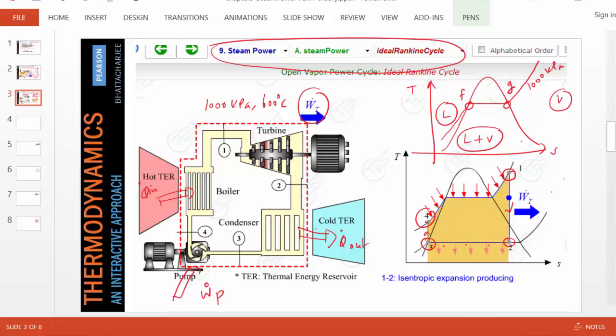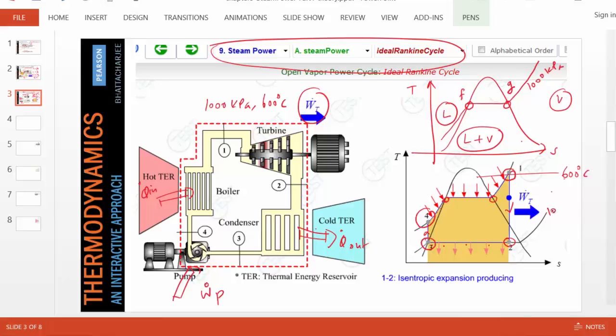Heat is added. Liquid water goes up here. Over here, it becomes saturated liquid. Then more heat is added. Boiling takes place at a constant temperature. We reach the saturated vapor point, and then we keep adding heat until we reach the maximum temperature, which in this case we assume to be 600 degrees Celsius.